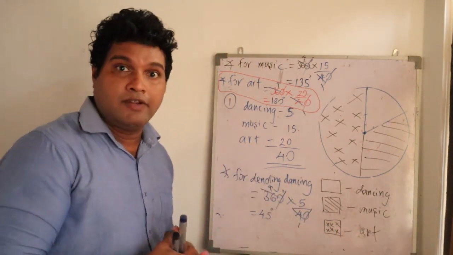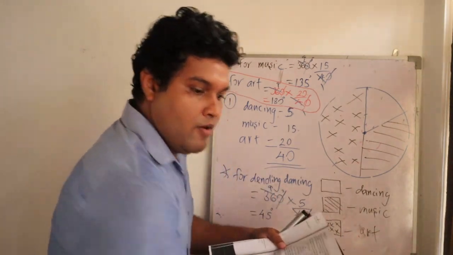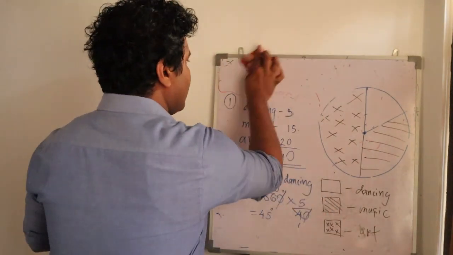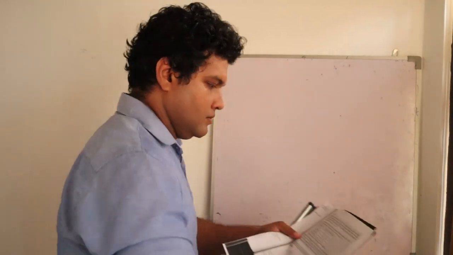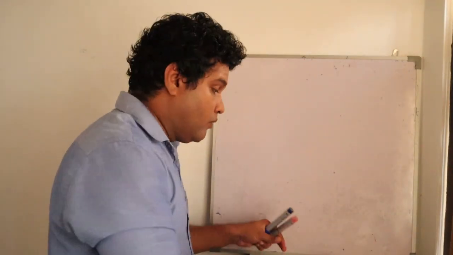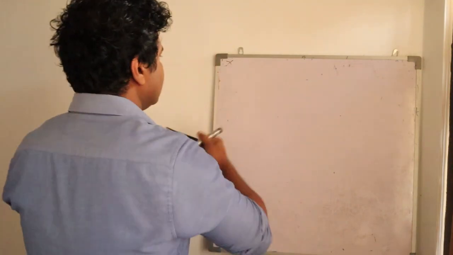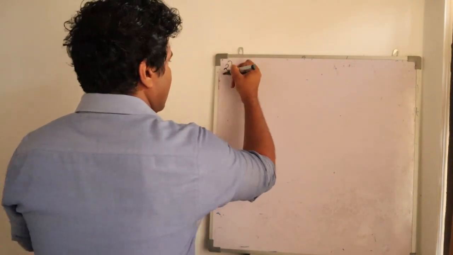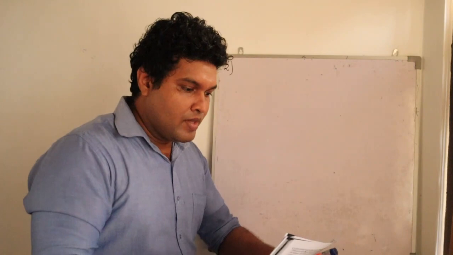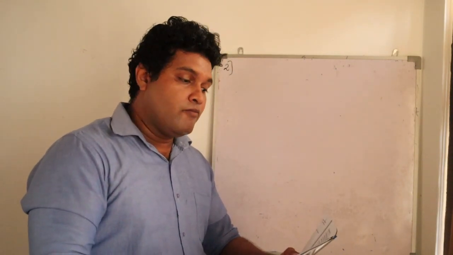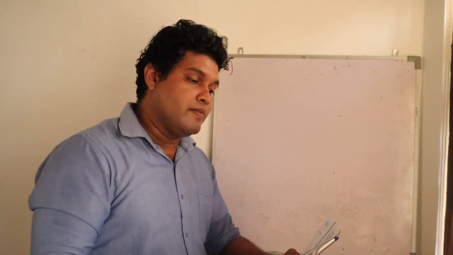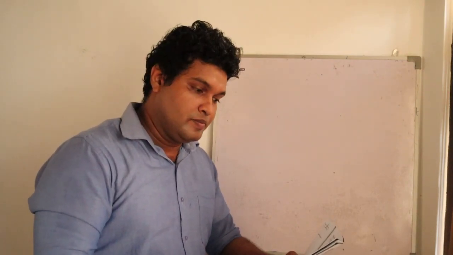Okay, we will consider the second question too. Exercise 11.1, question number 2. I think you are reading with me. The following table provides information on the subject streams followed by the students in advanced level classes of a certain school.